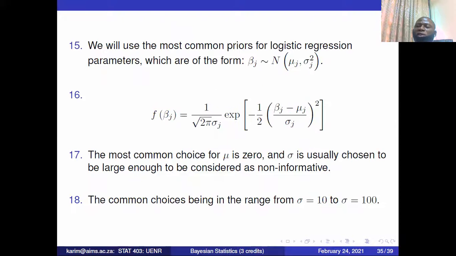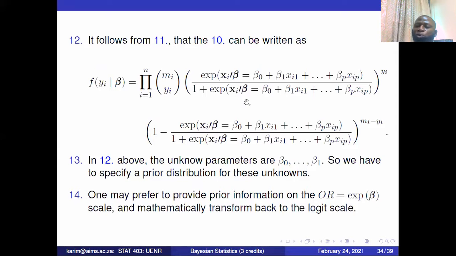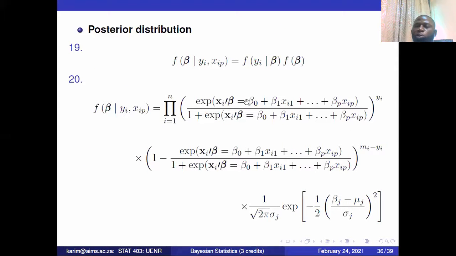Then to get the posterior, what that means is we will multiply the prior distribution for the parameters by the likelihood function to get our posterior. So the posterior distribution of the parameters beta, conditional on the covariates and the data, is equal to the data likelihood multiplied by the prior distribution for the parameter estimates.